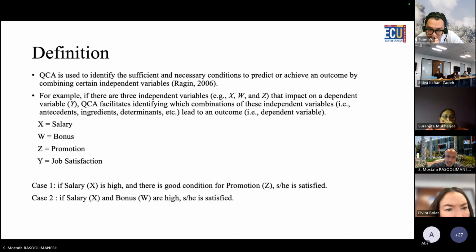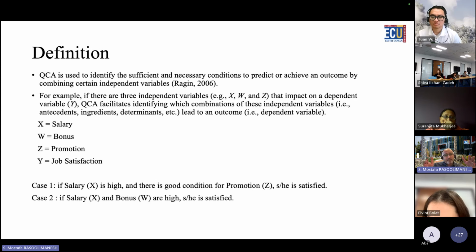But in a traditional symmetrical approach, we collect data from our employees, and after collecting data, we can test the relationship between salary, bonus, promotion, and job satisfaction. At the end, for example, the effect of salary will be significant, bonus won't be significant, and promotion also will be significant.